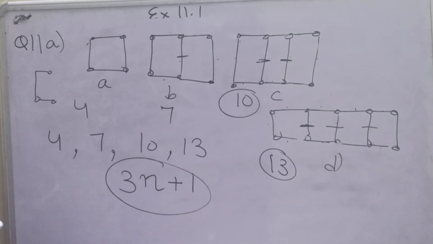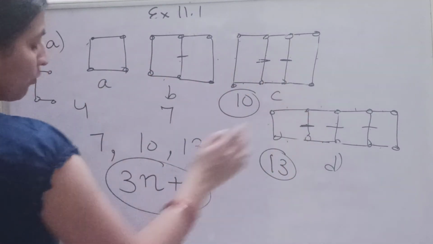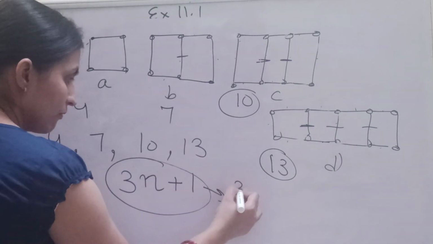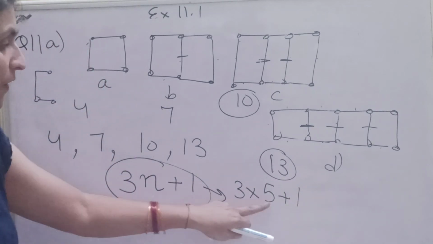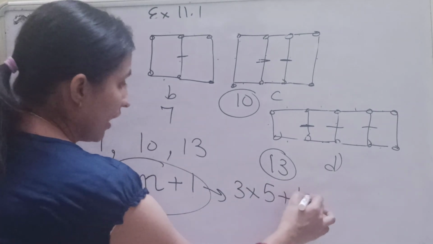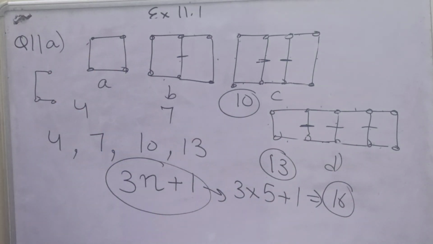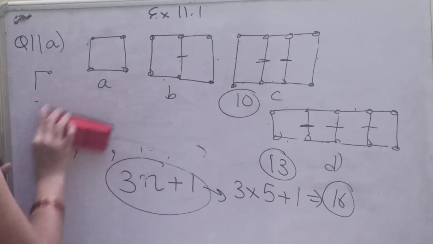If we have to cross check it, what will we do? Suppose here we have 1 square, 2 square, 3 square, 4 square. If we have to make 5 squares, then what do we have? 3 into 5 plus 1. 3 5s are 15. 15 and 1, 16. So let us check that for 5 we have to use 16 or not.